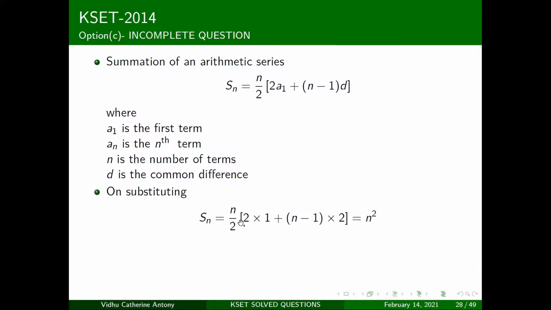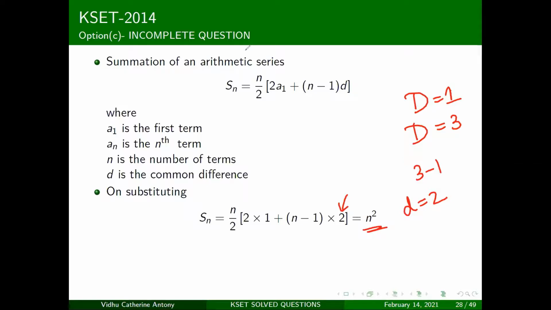Once you put this in, a1 is 1, since we found the degeneracy is 1 before. And then you have n minus 1 into d. The initial value of the degeneracy was 1, and the second value was 3. So 3 minus 1 gives 2, so the d value is 2. That's how you have this 2 here. And then you get n squared.